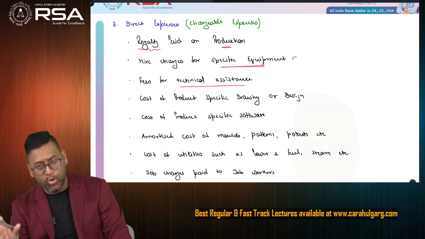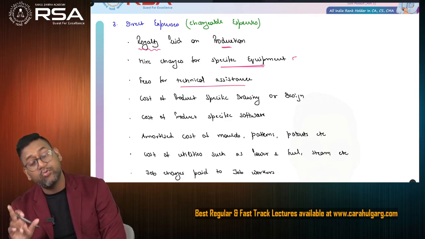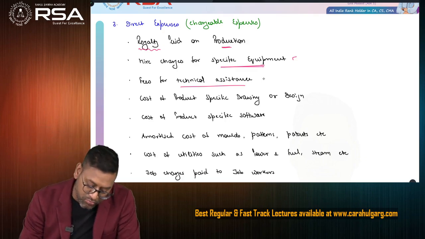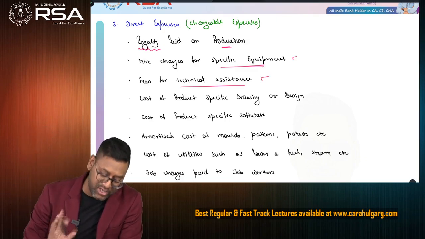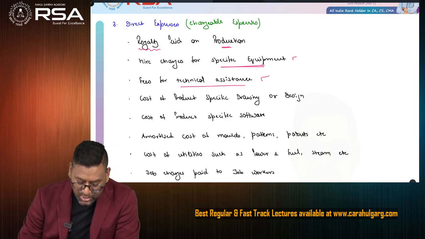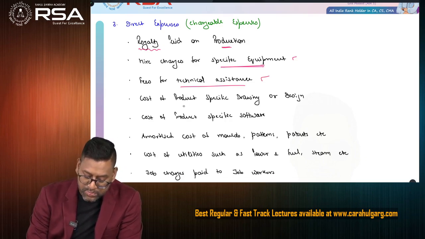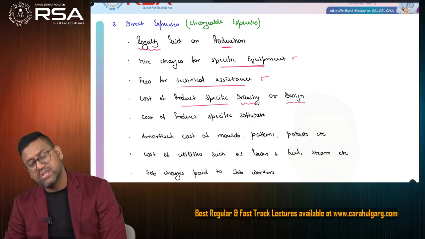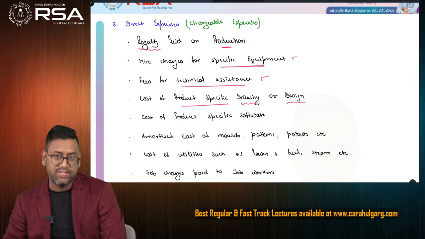He said, okay, no problem, I'll pay you. So I am going to charge rupees 3,000 for that service. That is called fees for technical assistance. That is also categorized as direct expense. Now it says cost of product specific drawing or design. Same example, the person comes, he says, please manufacture a sofa for me. I said, please give me the design.